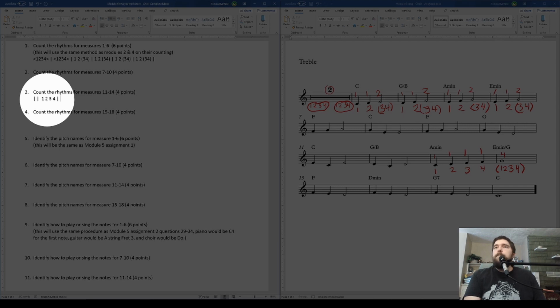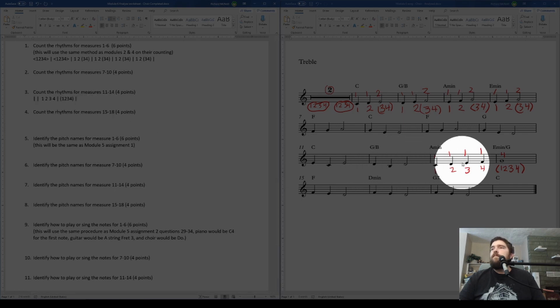And then measure 14, all 4 beats inside of parentheses. That's what these two measures look like in the answer document. We have 1, 2, 3, 4 for measure 13 and 1, 2, 3, 4 inside of parentheses with a bar line at the end for measure 14. It's these two measures transported over.